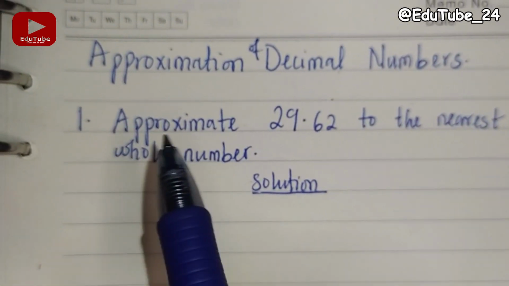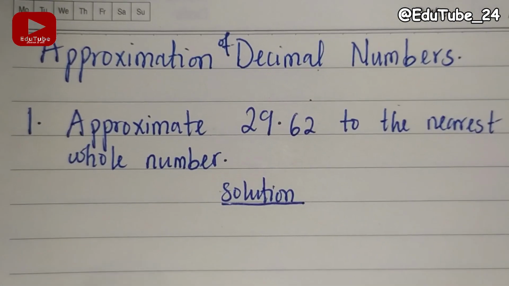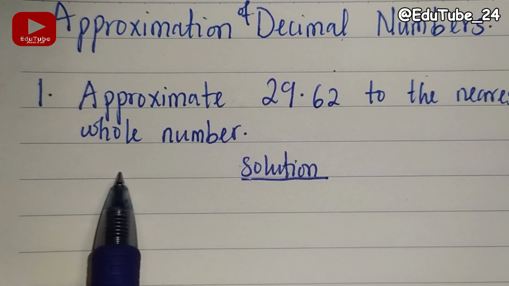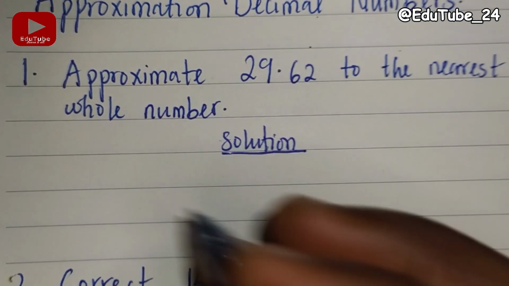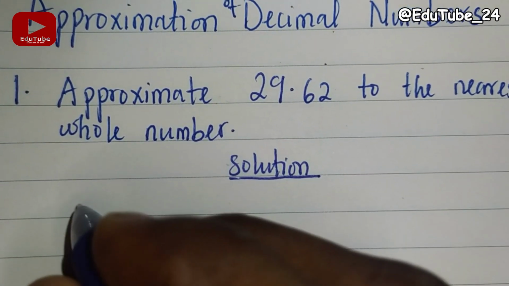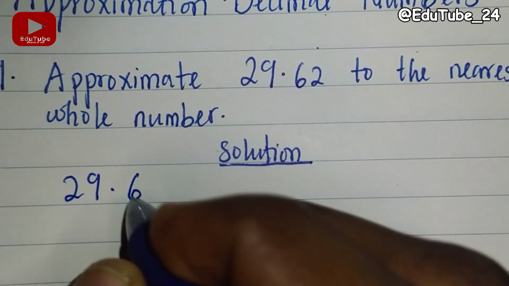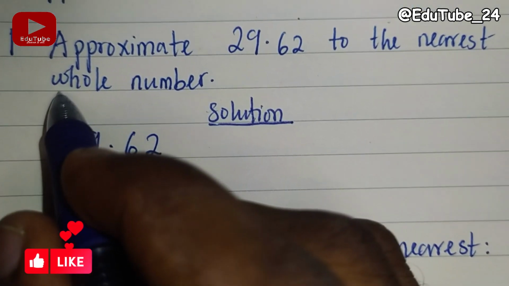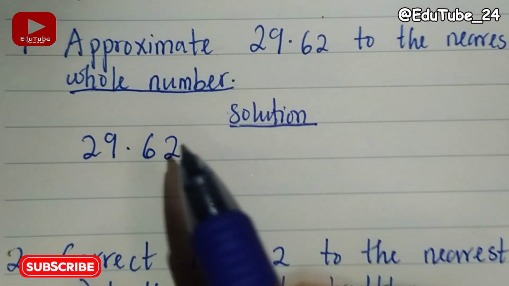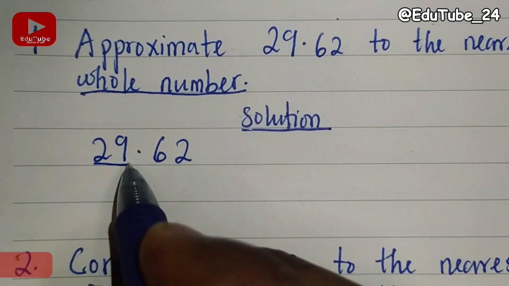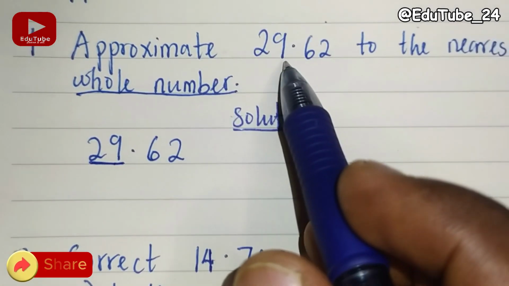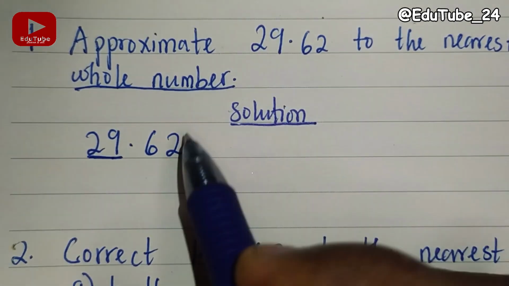Our first example says approximate 29.62 to the nearest whole number. So basically I'm going to write out the number 29.62. Since it says to the nearest whole number, I will identify my whole number. My whole number is 29 here, and it says I shall approximate the decimal figure to the nearest whole number.